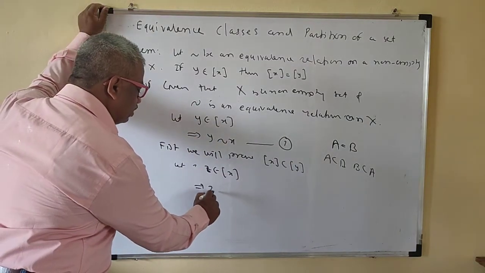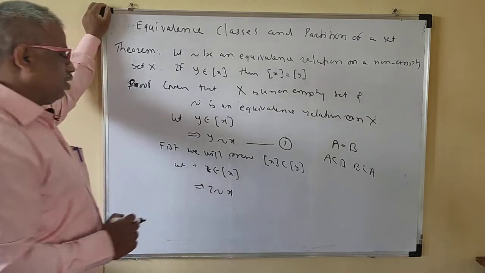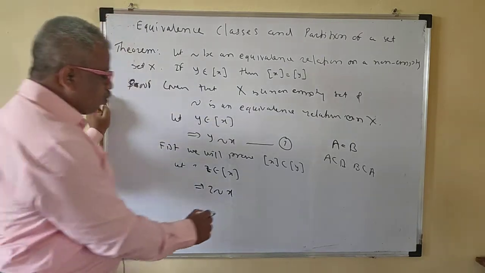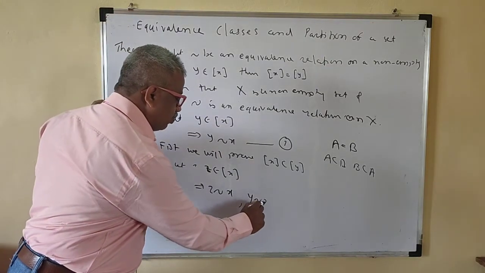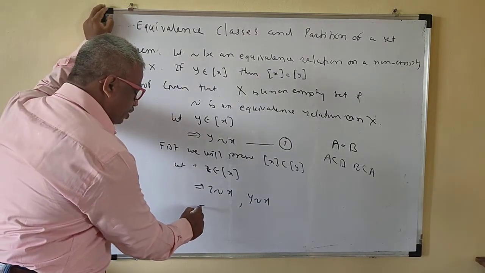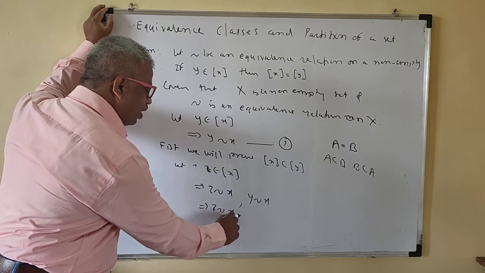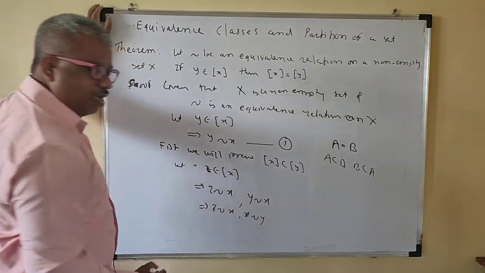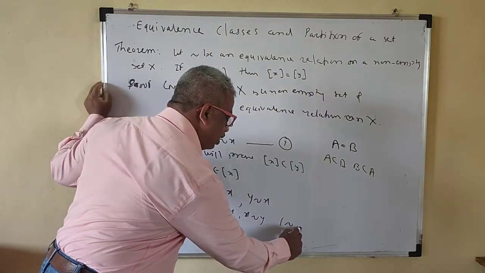This implies that Z is related to X by our definition. We have Y related to X. So I can write Z is related to X. I can write here X is related to Y, because ~ is symmetric.